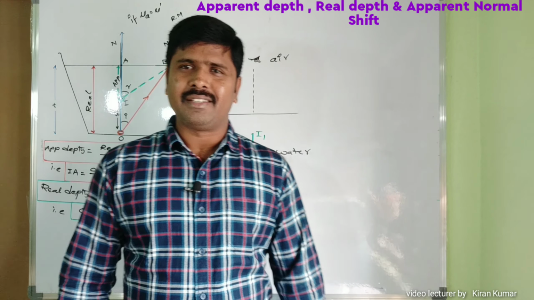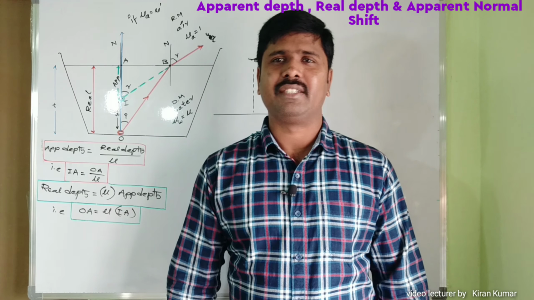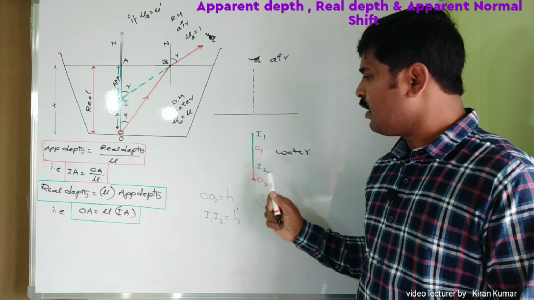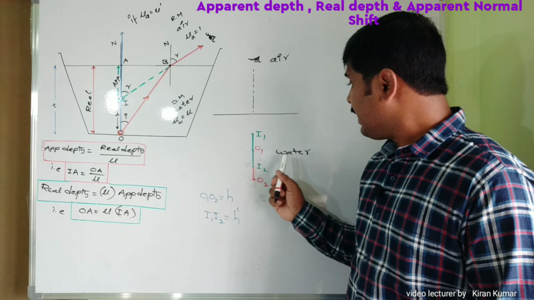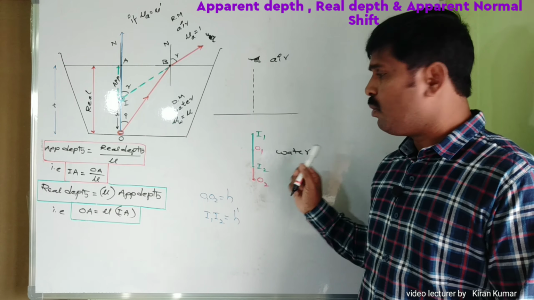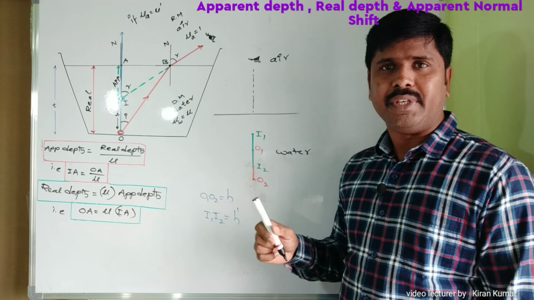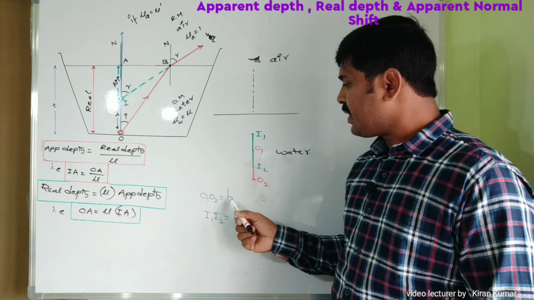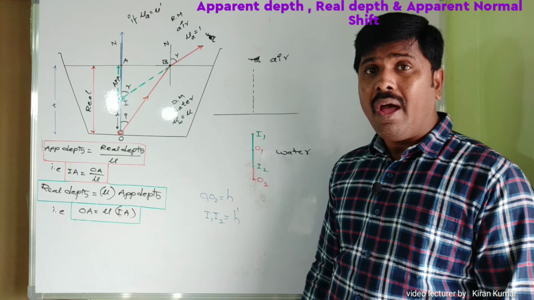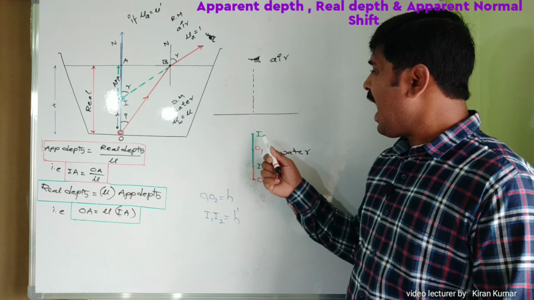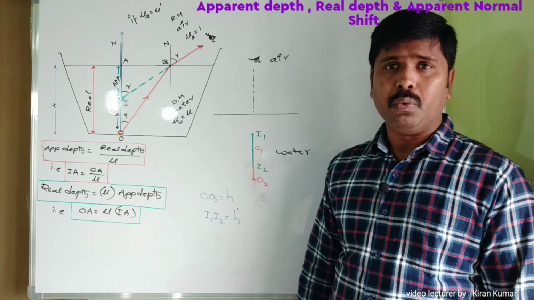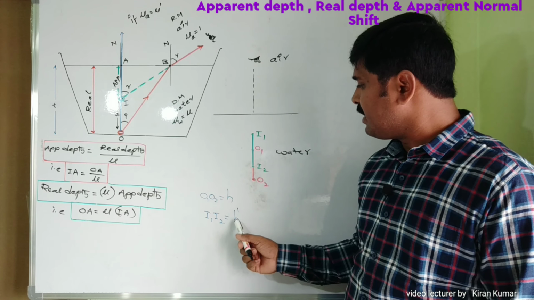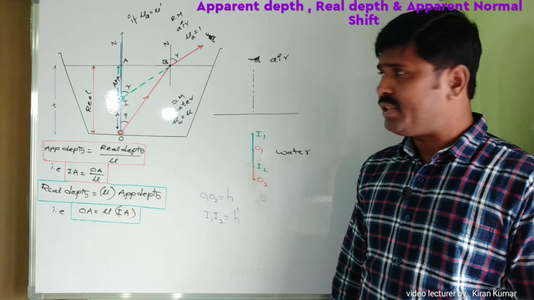Now considering two objects O1 and O2 in a denser medium, that is water. These two objects O1 and O2 are separated by a distance h. The corresponding images I1 and I2 are separated by a distance taken as h dash.